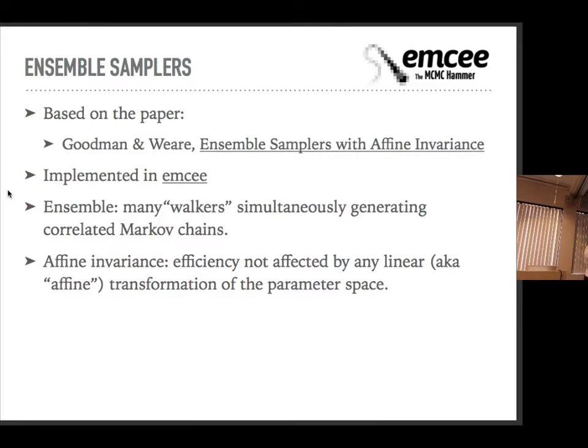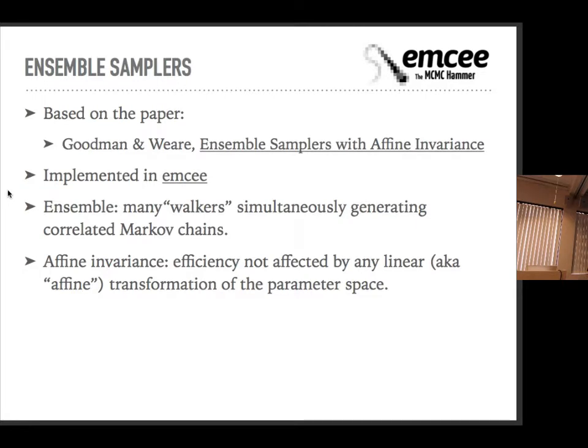The affine invariance is kind of a separate concept, but it also makes this a powerful method for certain classes of problems. Affine is just a fancy word for a linear transformation, but it's a linear transformation in whatever the multidimensional parameter space is. By constructing an affine invariant sampler, your sampler has exactly the same efficiency and the same results if you make any linear transformation of the parameter space.